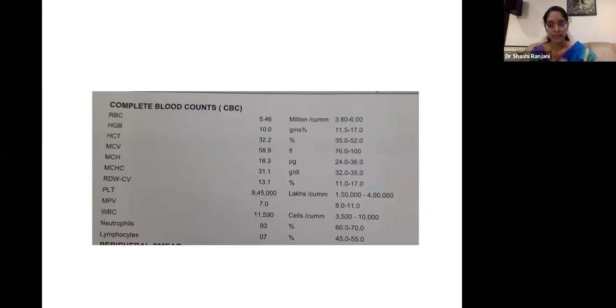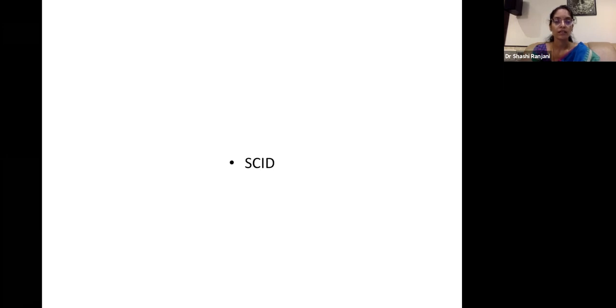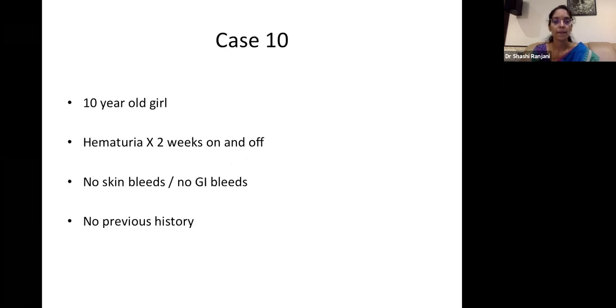So the take home message from this child is that always look at the neutrophil percentage and the lymphocyte percentage. Any child who is lymphopenic, definitely a primary immunodeficiency has to be suspected. So this was a child with SCID.